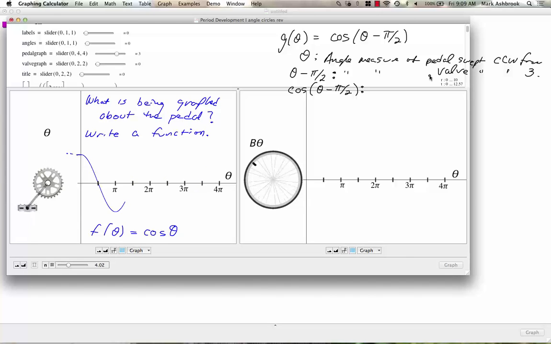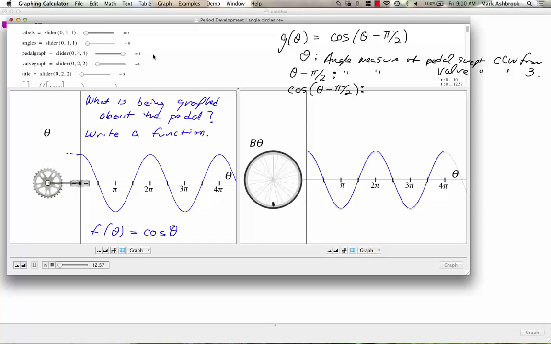Okay, so if it's lagging behind, the question is, what will that graph look like? So I'm going to put cosine theta on both. What will g of theta look like? If you were to sketch g of theta over there, what would we say? We said the angle is lagging behind by pi over 2.